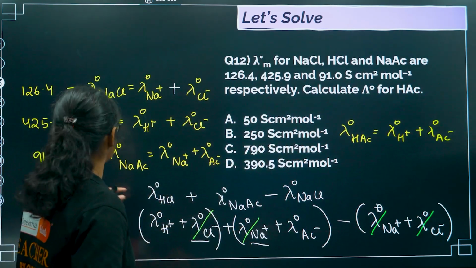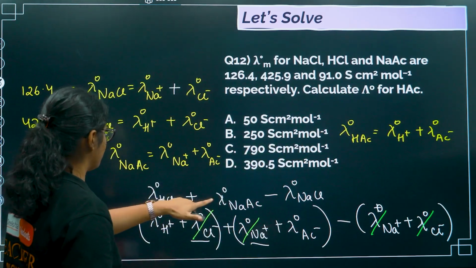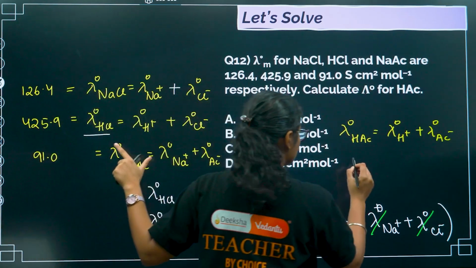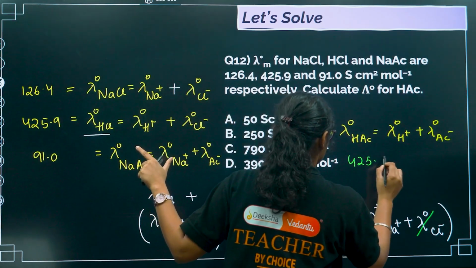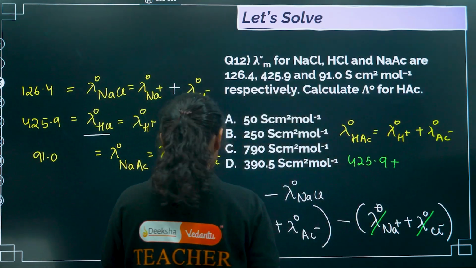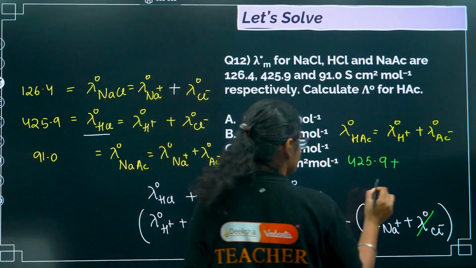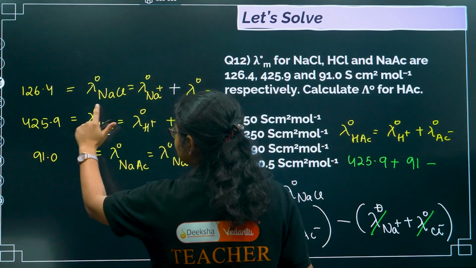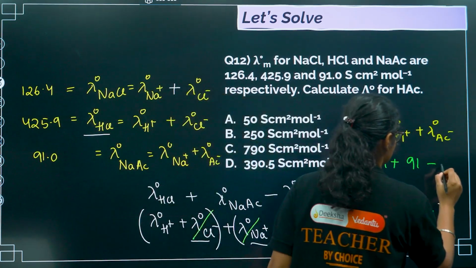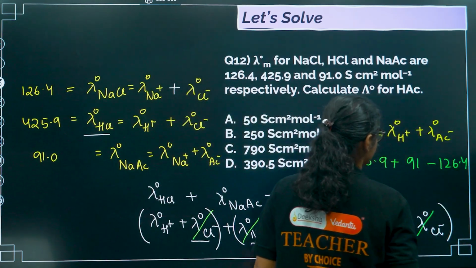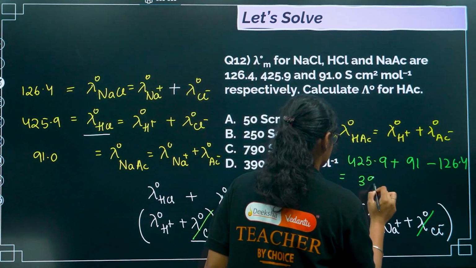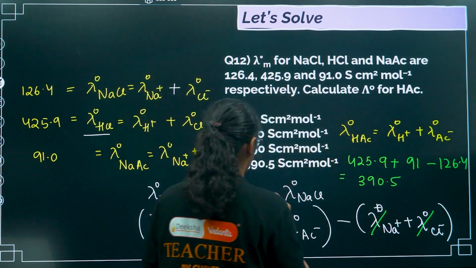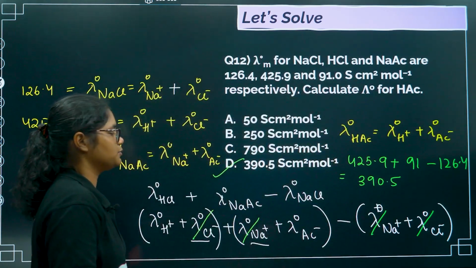So I have to add HCl and NaAc, that is 425.9 plus 91, minus NaCl, whose value is 126.4. If I solve this, I get 390.5. So the correct answer for this question is option D.